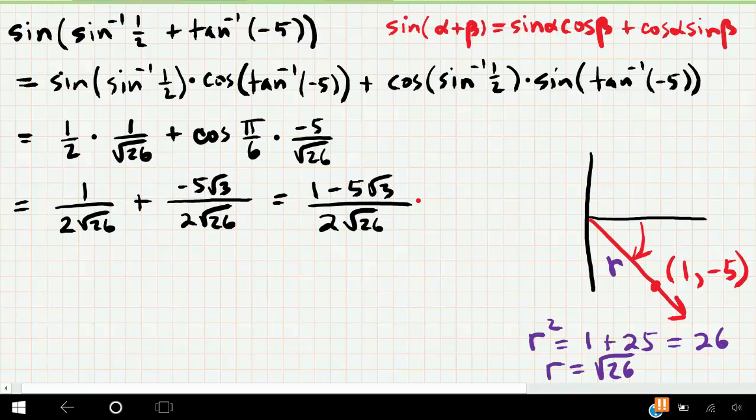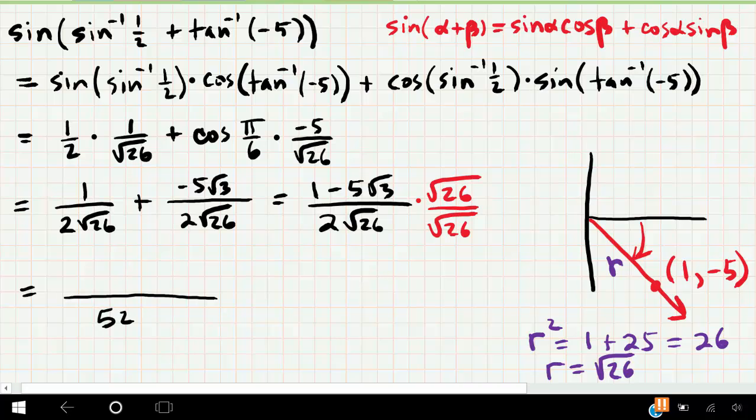We would like to rationalize the denominator. So let's clear that root in the denominator by multiplying numerator and denominator by √26. This will give us, in the denominator, √26 times √26 is 26, multiplied by 2, that's 52.